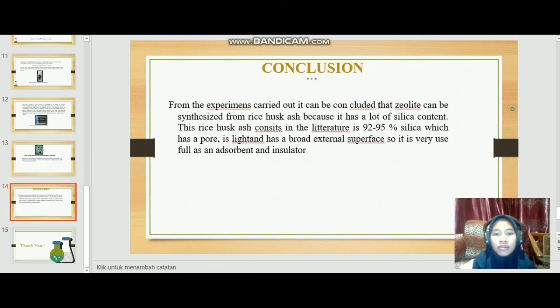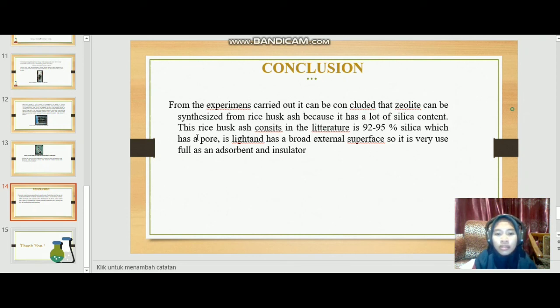Okay, next, conclusion. From the experiment carried out, it can be concluded that zeolite can be synthesized from rice husk ash because it has a lot of silica content.